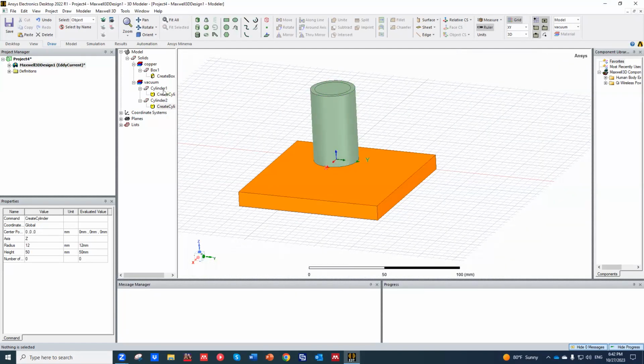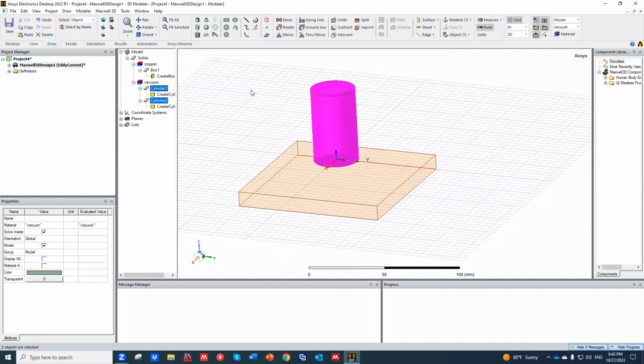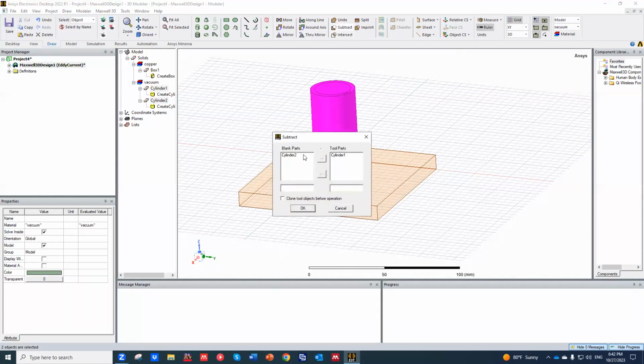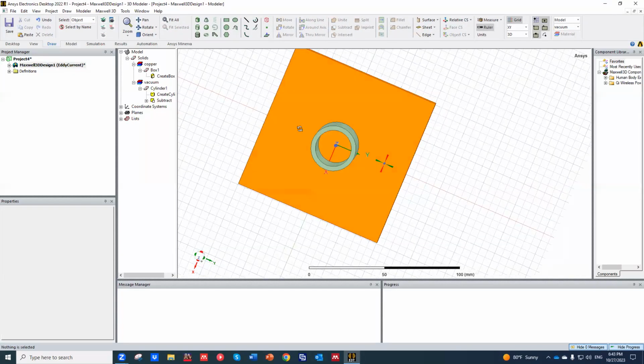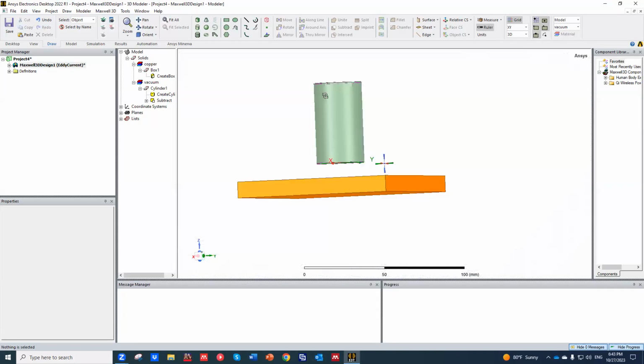Now I have to highlight both, go to the Boolean operations and subtract. I subtract the second one from the first one. Is that right? Yes. Okay. So this whole cylinder is going to be the coil.